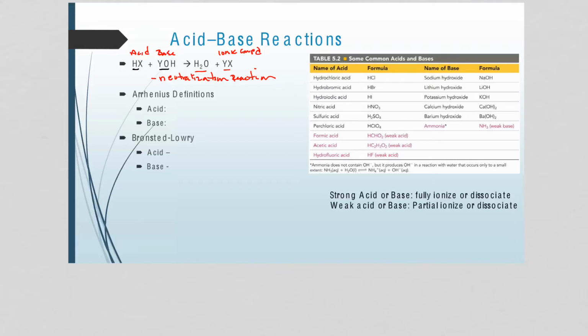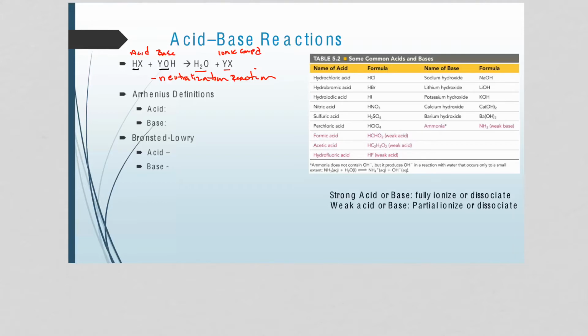The one that's actually defined in your textbook in this chapter is what's called the Arrhenius definitions, and these are definitions that are based more on the structure and the function of the acid and the base.